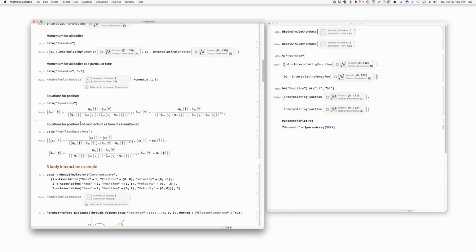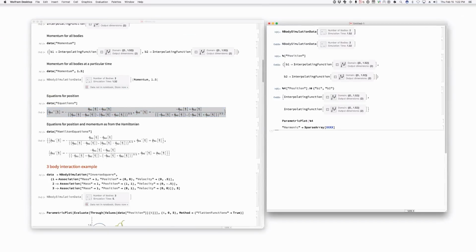But could I feed these into, like this is a two-body problem, right? So if I take that, I should be able to feed that into DSolve and it should be able to solve it, shouldn't it? No chance. DSolve doesn't know dot.